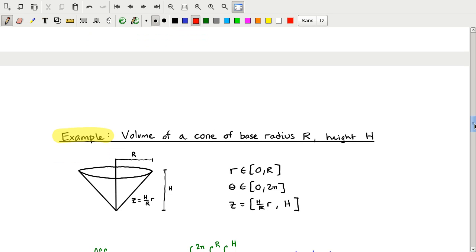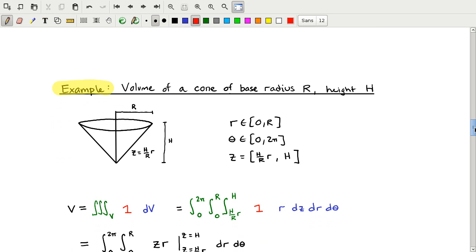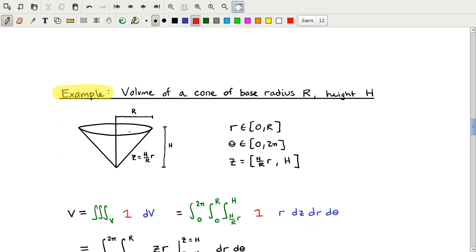So, two quick examples involving a cone. We have here a cone of radius capital R at the base and height h. And we're asked to find first its volume. Now, we're going to need to know this line right here.